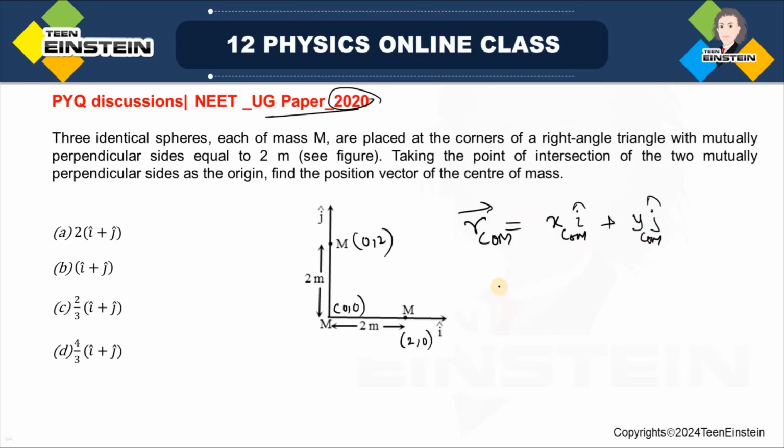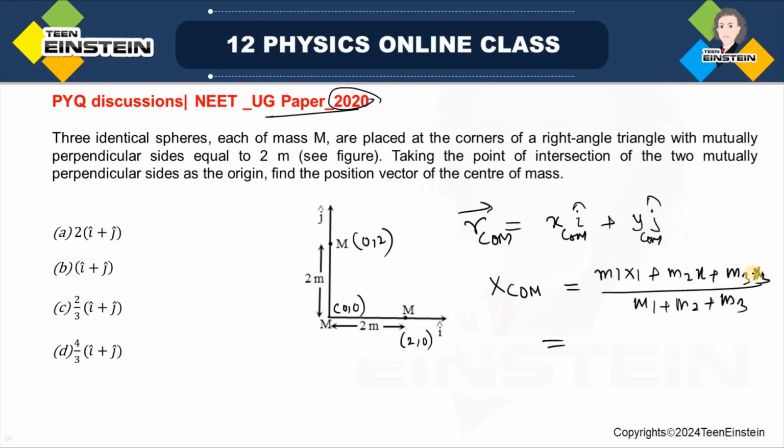What are the formulas we know for x COM? I can write M1 x1 plus M2 x2 plus M3 x3 divided by M1 plus M2 plus M3, right? With the same formula I can find out the y COM also, right?